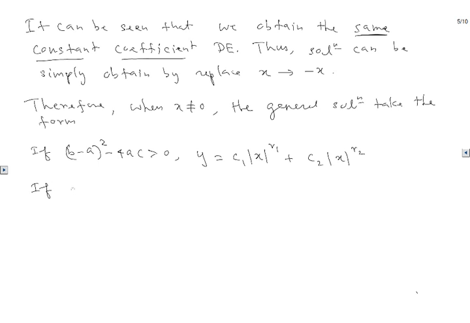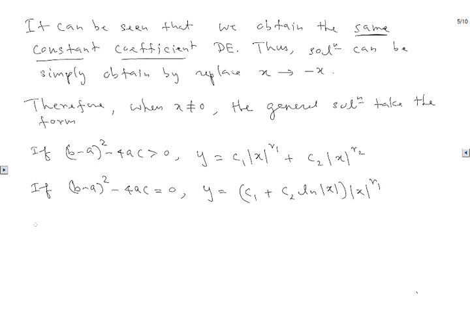If b minus a squared minus 4ac is equal to 0, you get the solution y equals c1 plus c2 ln absolute x, all times absolute x to the r1. We write the absolute sign because x can be negative now.